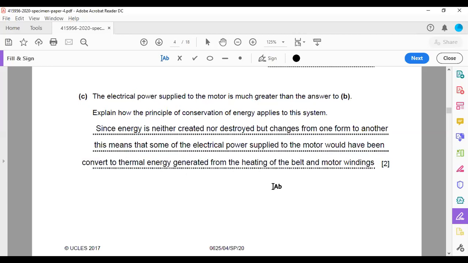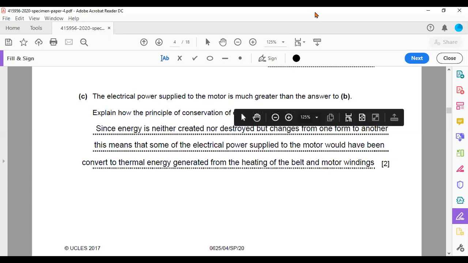Again, energy is neither created nor destroyed. So what happened is you supply 900. Out of the 900, 864 is used by the motor. The other 36 is lost as thermal energy formed from the heating of the belt and motor windings. Good?